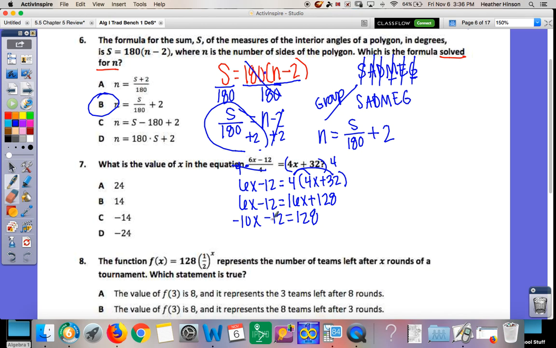This one's minus 12, so add it. 128 plus 12 is 140. Then how do I get rid of negative 10x? How do I get x by itself? Just divide, because this is negative 10 times x. 140 divided by negative 10. So x equals negative 14. So it is C.